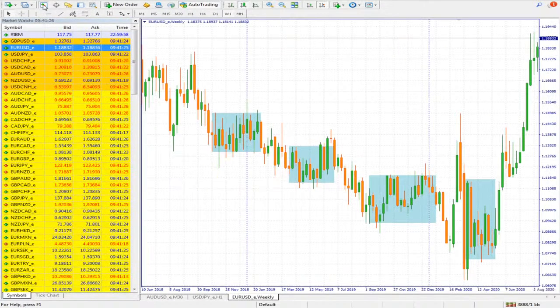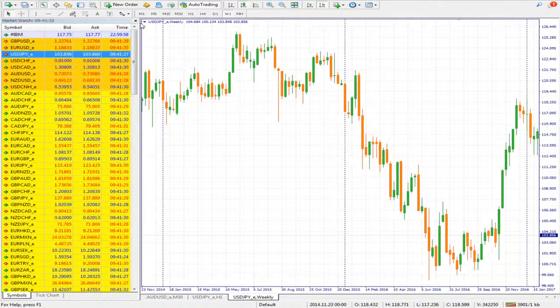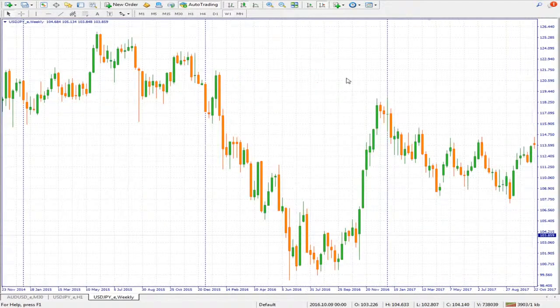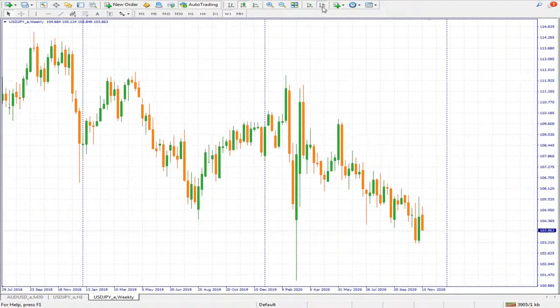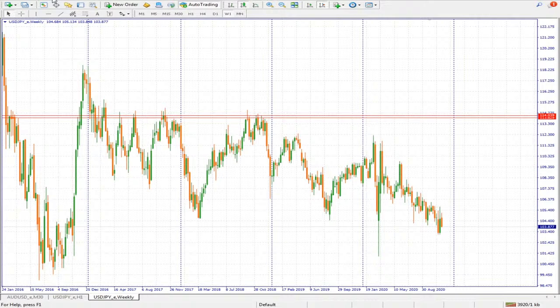So the next chart I want us to look at is USD/JPY. So this chart, the price is moving to the lower side. We do have this zone here.